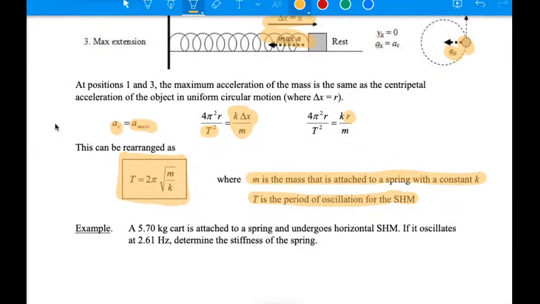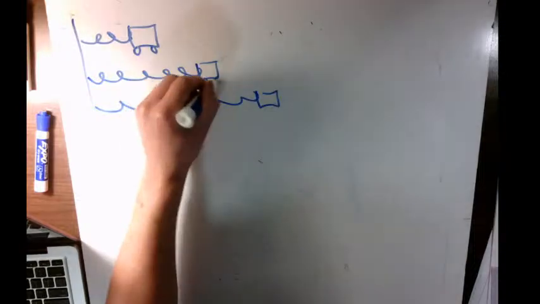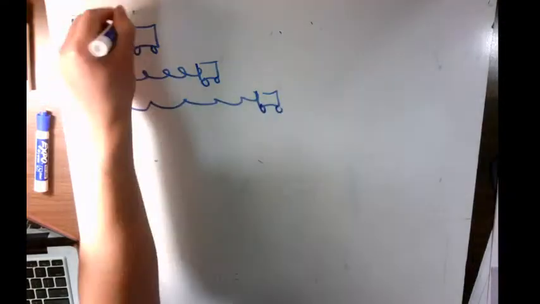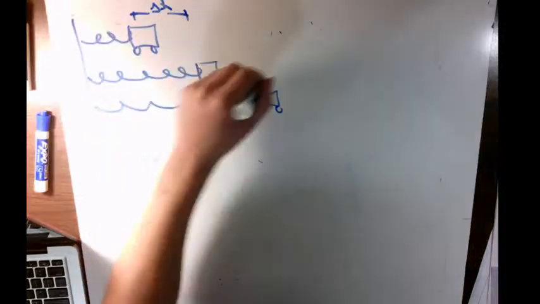So let's try our only example for the day together. We have a cart which is attached to a spring undergoing horizontal simple harmonic motion. If you want to draw it out, we would have our max compression, our equilibrium, and our max stretch, with this distance from equilibrium or amplitude for each of them.